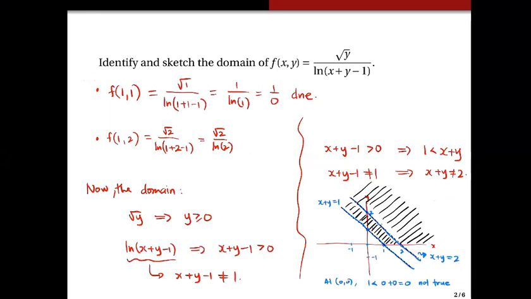The domain of f is the set of ordered pairs in the Cartesian plane, R2, such that 1 is less than x plus y, x plus y is not equal to 2, and x or y is greater than or equal to 0.